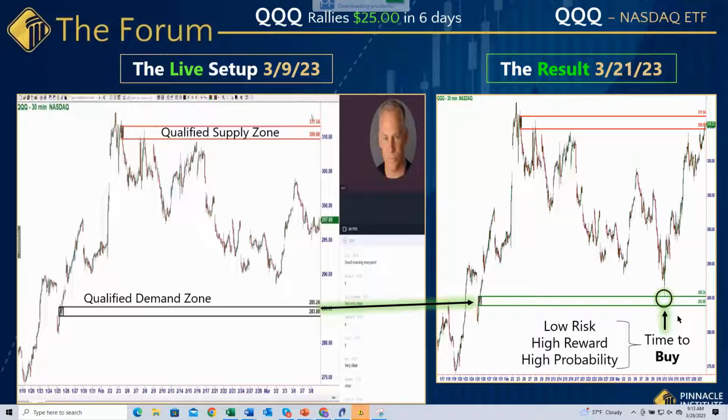So now let's talk about the governing dynamics of supply and demand and how this all works. When price comes down to our qualified outside the range demand zone, remember what demand is: competition to buy. And a lot of it is what this zone is suggesting.